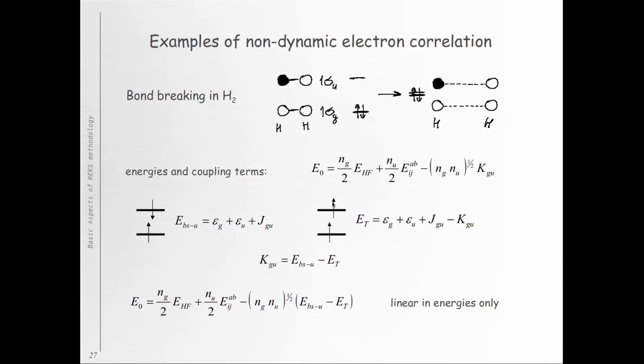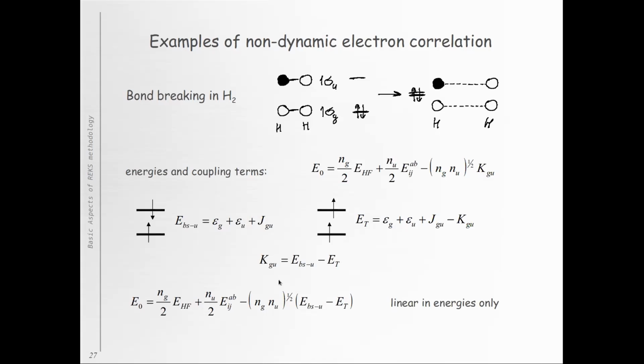For the triplet electronic configuration, I will have the same epsilon g and epsilon u, orbital energies of this and that orbital, the same Coulomb repulsion between the electrons, because Coulomb repulsion is insensitive to the spin. However, now, because both spins are parallel, I will have an exchange integral, minus the exchange integral. So this electronic configuration is lower than that in energy by this amount, by the exchange integral.